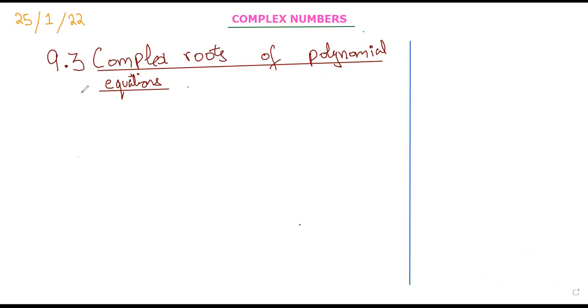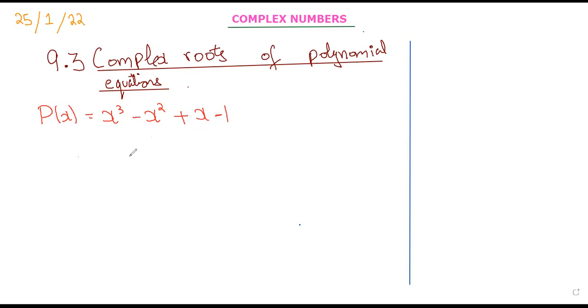Let's say we have a polynomial p of x equals x cube minus x square plus x minus 1, and we are interested in factorizing it or finding its factors. Whatever you can call it, but we are interested in finding out the factors.